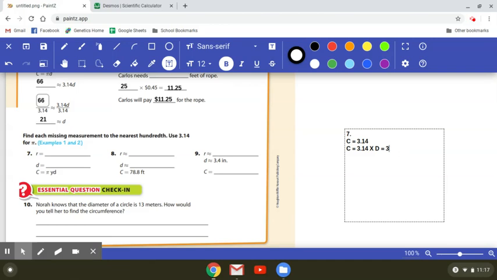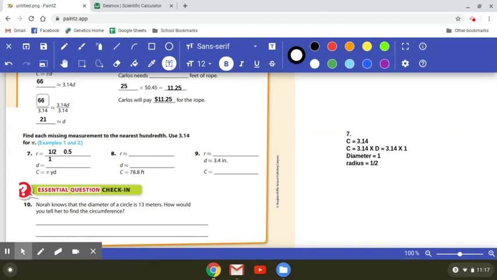So that means it's going to be 3.14 times 1. So that means the diameter is equal to 1. So then the radius should be half of that. What's half of 1? That's 1/2. So 1/2 or 0.5, and that makes the diameter 1. All right? That 1 should be down enough that it's on the diameter line.